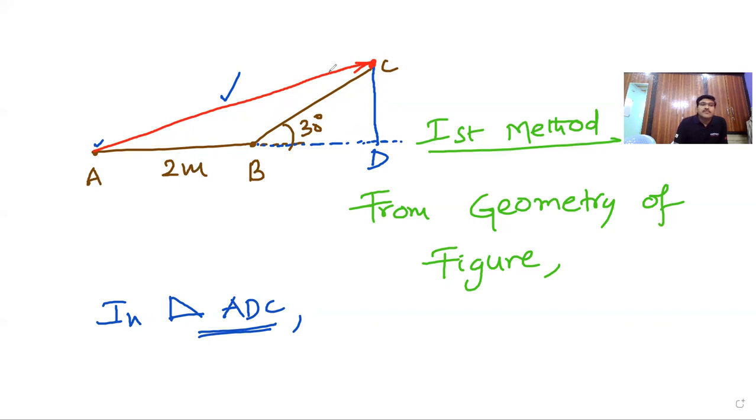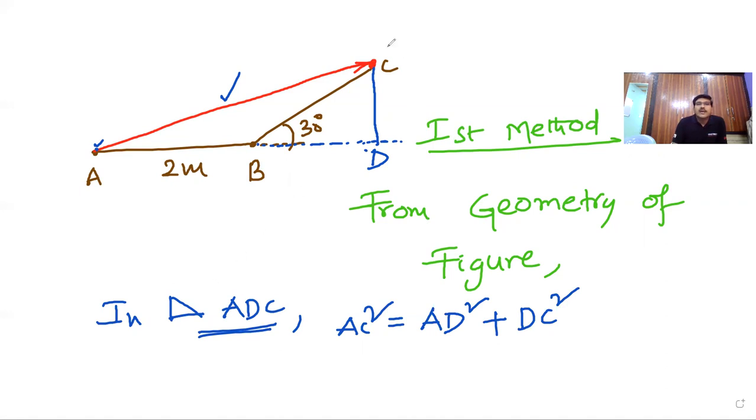In right angle triangle ADC, if I apply the Pythagoras theorem, because we require AC displacement, hypotenuse square, AC square, equals base AD square plus height DC square. Directly we get AC from looking at the geometry of the figure. Clear? But DC we don't know, AD we don't know.